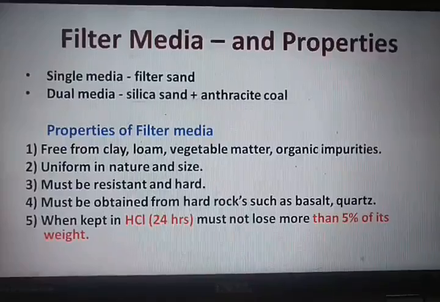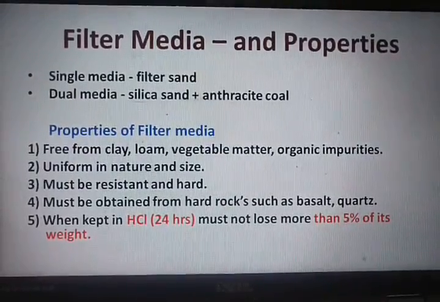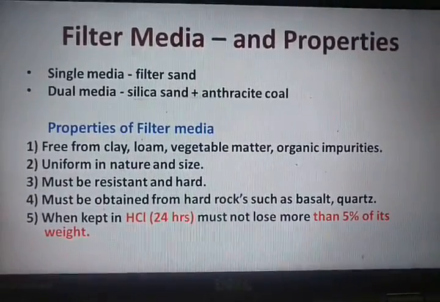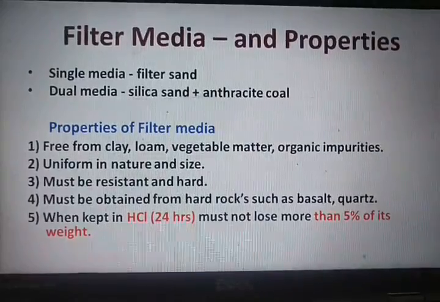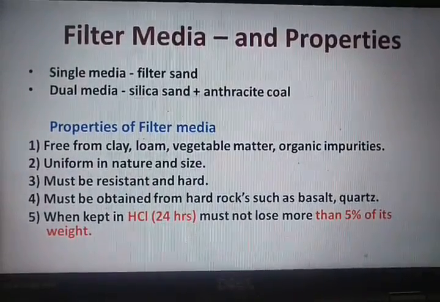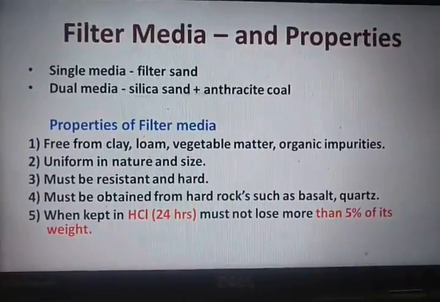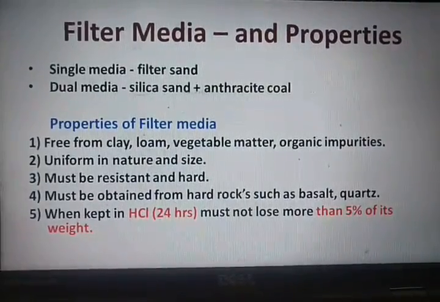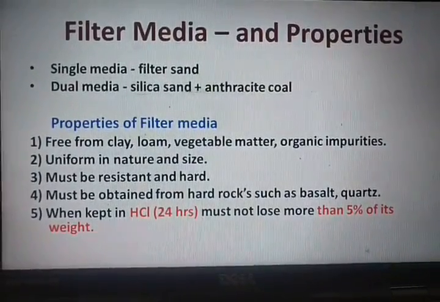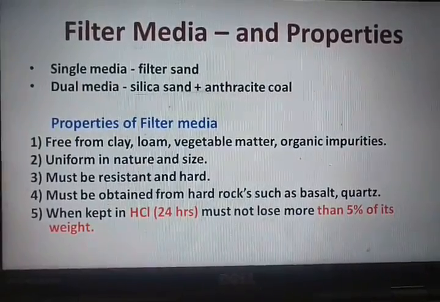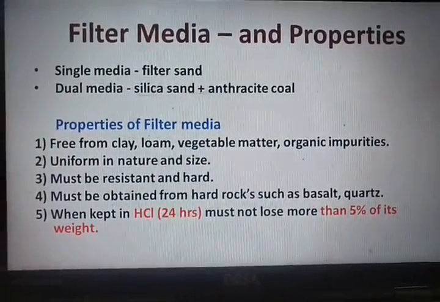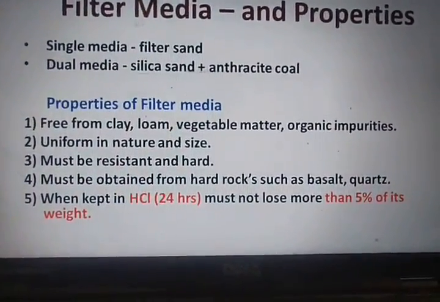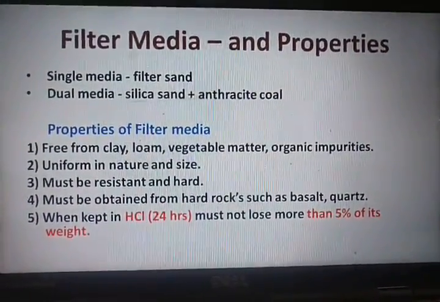The source of the sand should be basalt or quartz mineral, so that it will be a little harder. And when you keep this sand in HCl for 24 hours, it should not lose more than 5% of its weight. Only sand having all these properties should be used as a filter medium.